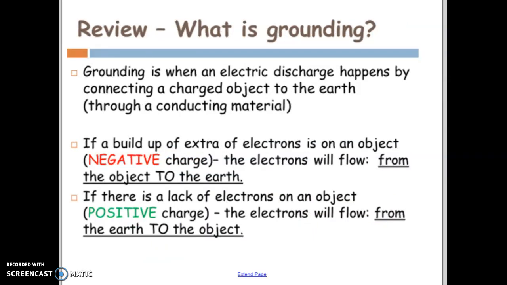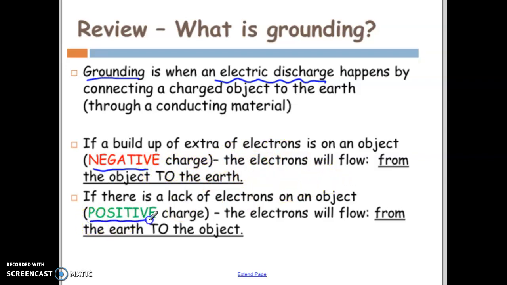Actually, before we even get to that, let's talk about what discharge is again. Remember, the term grounding is the same thing as electrical discharge. This is where electrons can move in and out of the earth or of the ground, okay? If there are extra electrons, so let's say you have a negative charge, electrons will go into the earth.